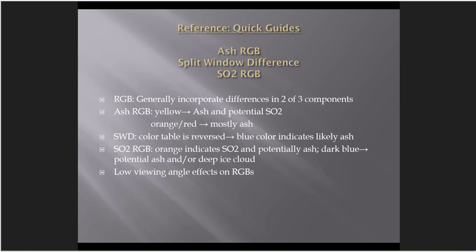We're awaiting research from the satellite experts on the exact nature and the quantification of this low viewing angle. But we know there is an effect on the RGBs that needs to be considered when you look at the imagery on the edge of the satellite viewing region, and that's ongoing work.